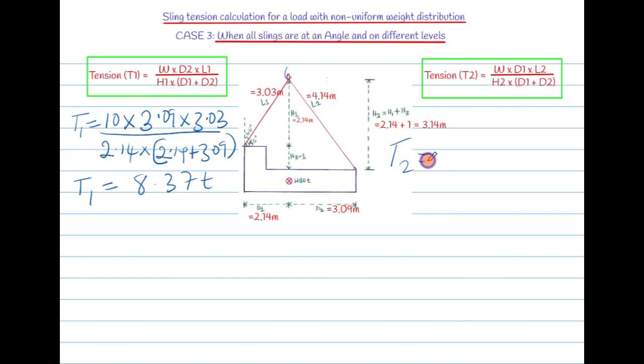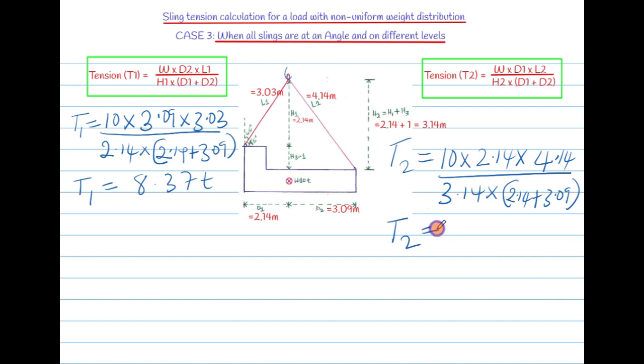Next is to calculate the tension on L2 using this formula. T2 is equal to the weight being lifted, which is 10 ton, multiplied by D1, 2.14, multiplied by L2, 4.41, divided by H2, which is 3.14, multiplied by bracket open D1, which is 2.14, plus D2, 3.09.